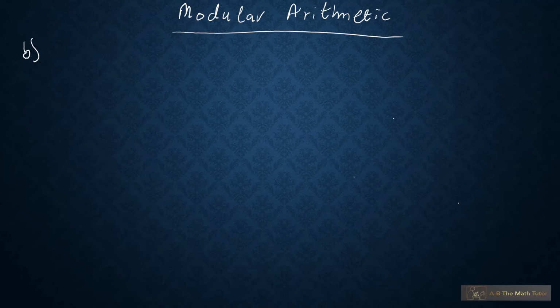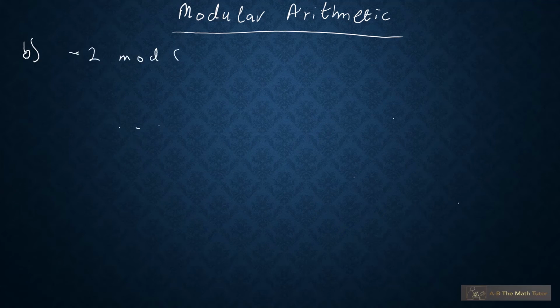So the other rule is when you are dealing with negative numbers. For example, if you have negative 2 mod 5, how do you go about it?